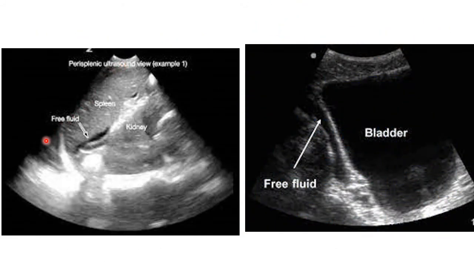This is an ultrasound, FAST scan, showing fluid here. This is the spleen, kidney, splenorenal space here, free fluid, which is suggestive of blood. Here, ultrasound of the pelvis shows free fluid outside the bladder, which is blood.